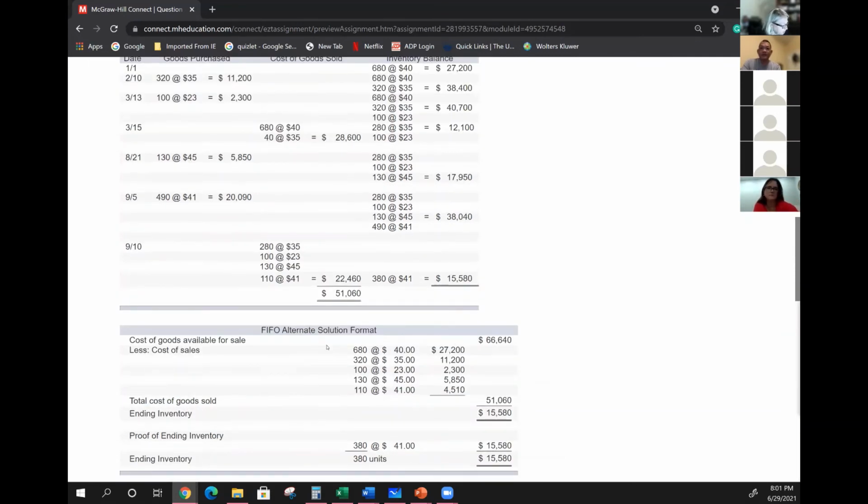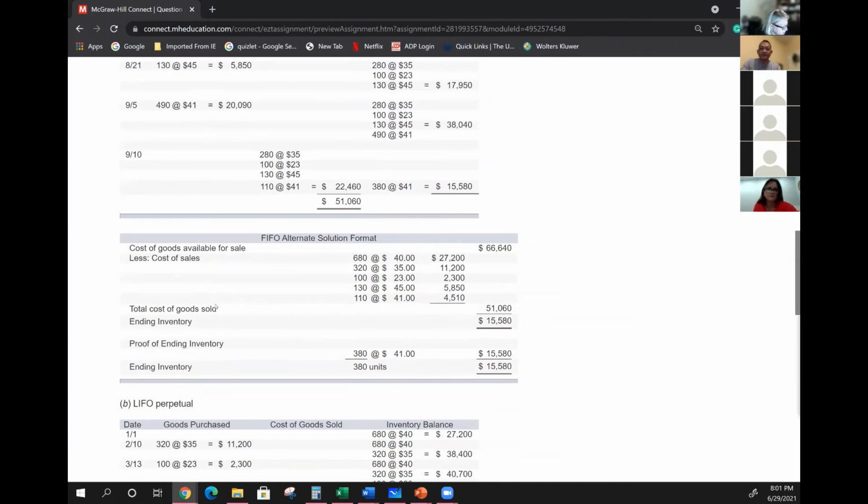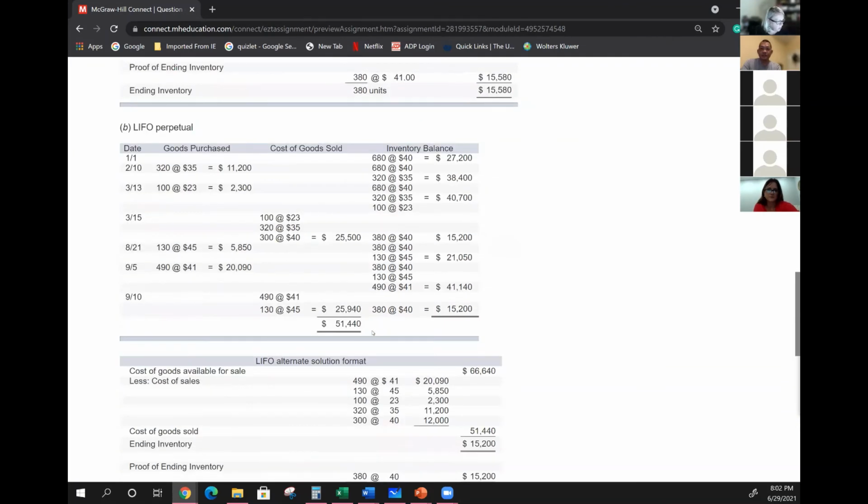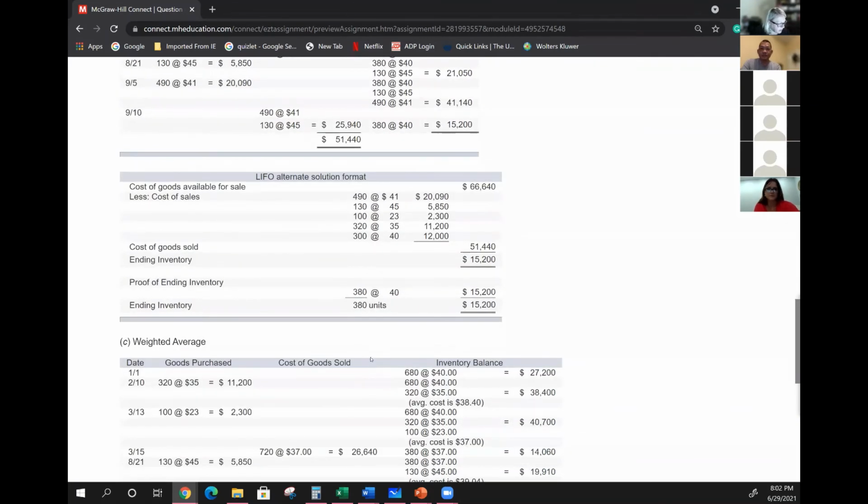Let me see if this looks like it's helping. This is just breaking out everything that was sold and looking at the units based on what we had and when we purchased. That's the first in, first out one. And then the LIFO is the same, I think it's going to have that same pattern. So yeah, it's kind of working backwards. Okay.